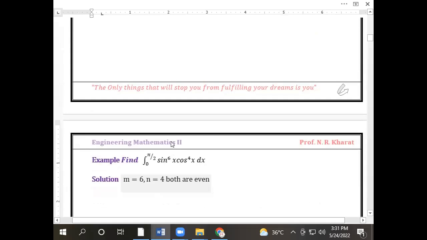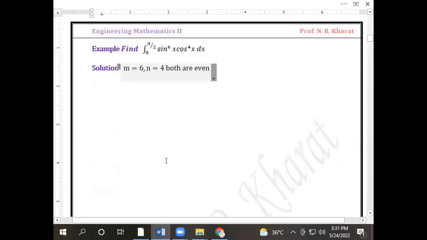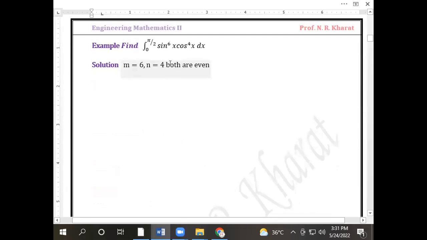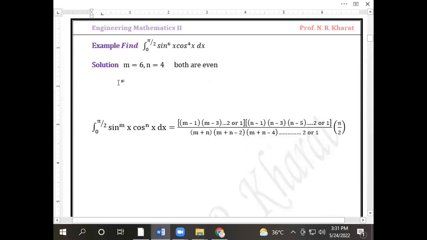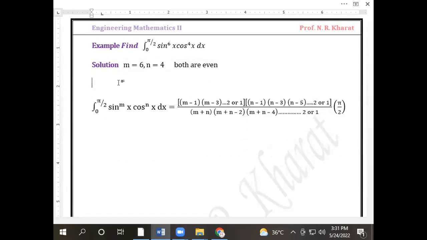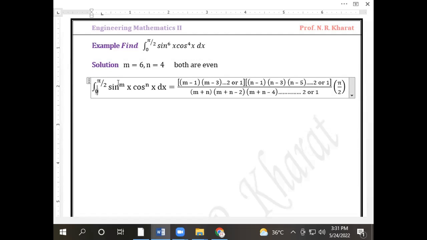When we compare, we get m equal to 6 and n equal to 4, and both m and n are even. It means we have to subtract the odd numbers from this m and n, and this term is divided by, this is the formula we have to use here because both are even.